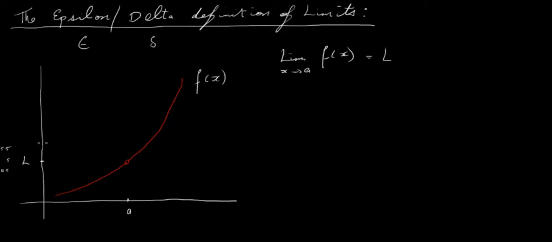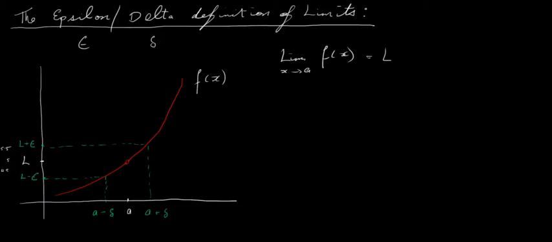So this is epsilon here and here: this would be L plus whatever value epsilon you chose, and this would be L minus whatever value epsilon you chose. If we come across here and go down, this value would be A plus our delta, and this value would be A minus delta.